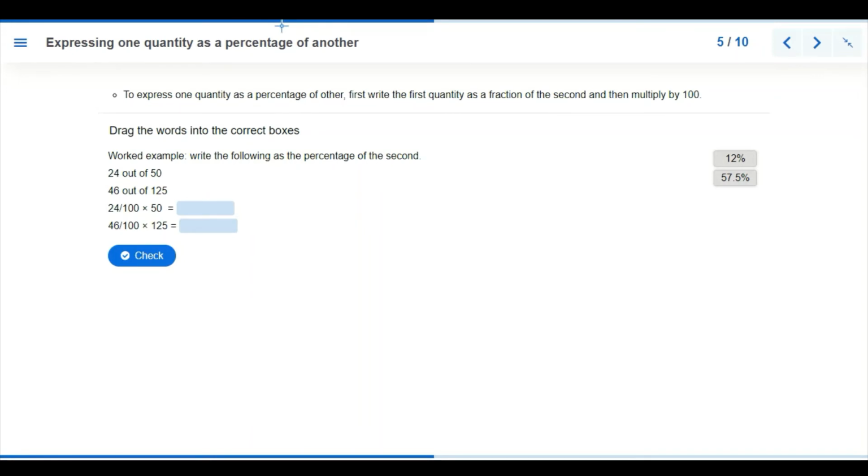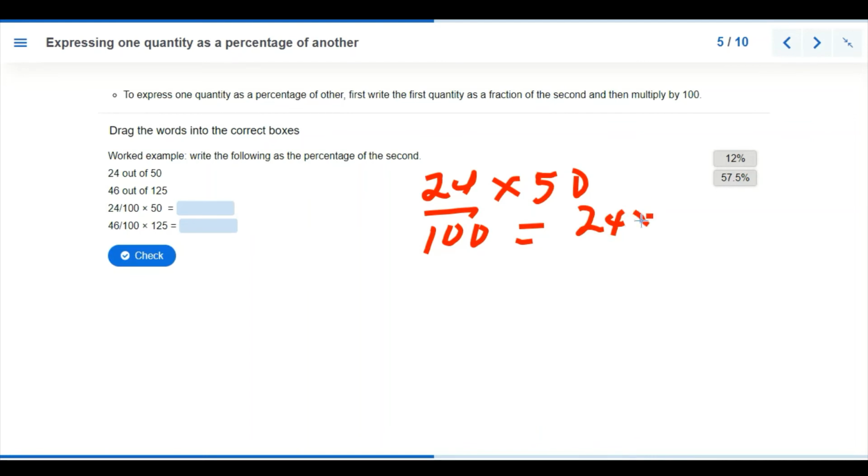So we are going to have 24 over 100, then multiply by what? 50. So by the time we multiply that, it's going to be 24 times 50 over 100. This can cancel this. 5 times 4 is 20. So we have 0.